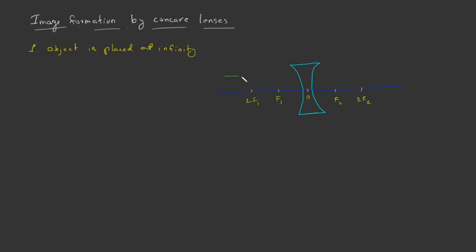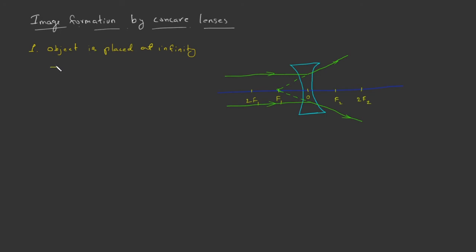So the rays are parallel to the principal axis. We know if rays are parallel to the principal axis for a concave lens, then these rays will diverge such that they appear to be coming from the principal focus on the same side of the lens. That is, it appears to be coming from F1.